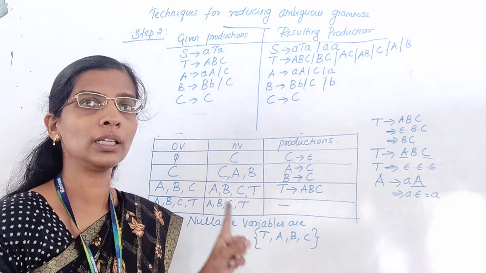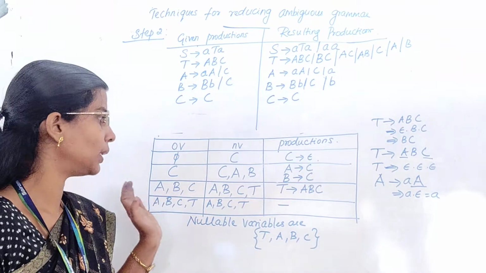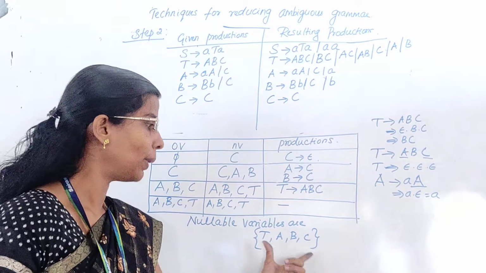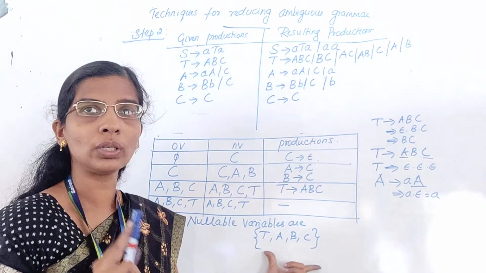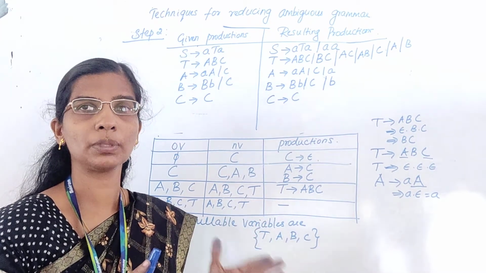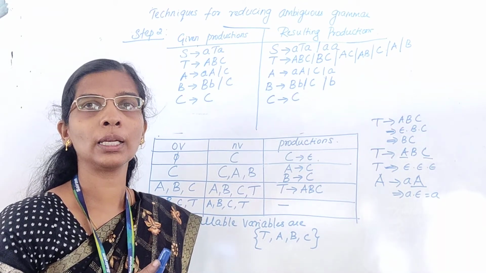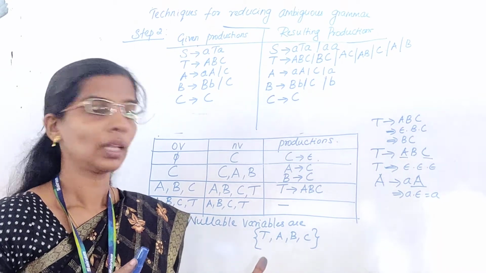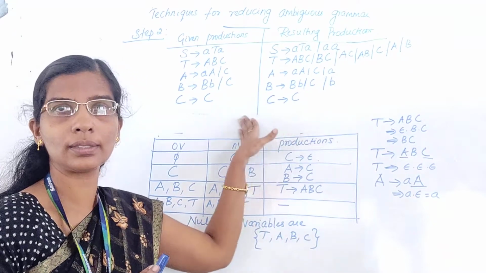Here the start symbol is S, as you can understand from the question, but S is not a nullable variable, so there is no need to include at most one epsilon. I'll tell once again: if your start symbol is a nullable variable, you have to include at most one epsilon. Here my start symbol is not a nullable variable, so you won't get the next step.